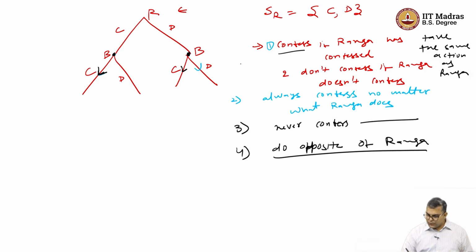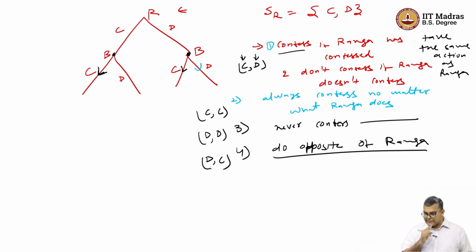So, in short we can say this is C comma D. It should be clear that this C is coming after Ranga has confessed, and this D is coming after Ranga has not confessed. So, this is C comma C, this is D comma D, and this is D comma C. So, these are the 4 different strategies that Billa has.